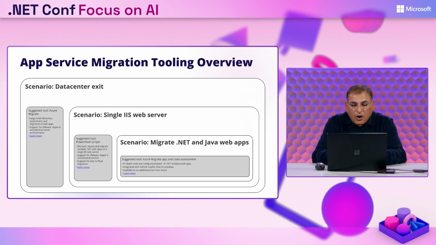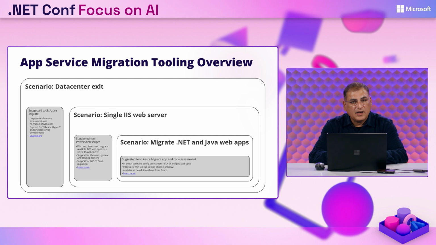Now, broadly, what each of these tools does is it runs a discovery. If you're talking about the whole integrated Azure Migrate experience, we do a bulk discovery where, based on your virtual appliance, which is a one-time configuration, we pick up all the servers which are running IIS Web Server, and we give you a rich inventory of all the .NET web applications.